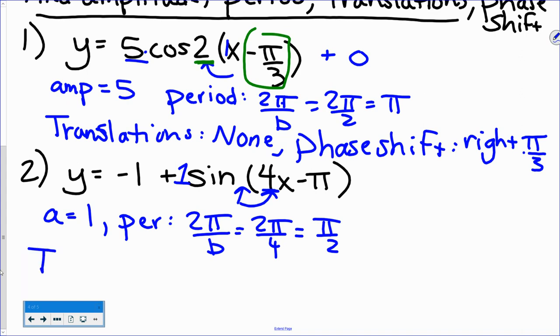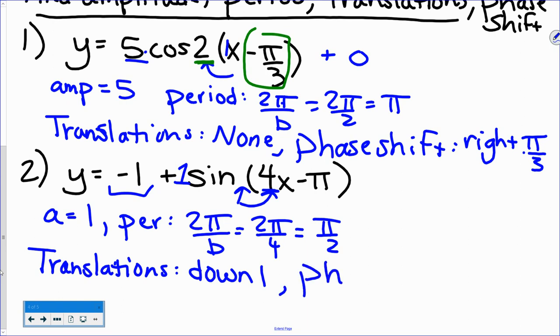Now this time I will have translations. This number out here in front is a translation. Since it's -1, that means I'm moving the graph down 1. We'll look at what that means for a graph when we practice graphing a few of these. But then my phase shift, this time, since the b is inside of the parentheses, I must factor the 4 to the outside.